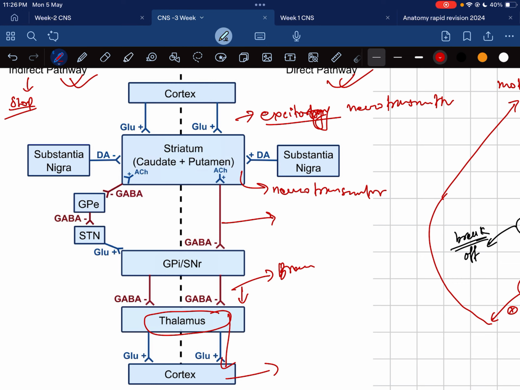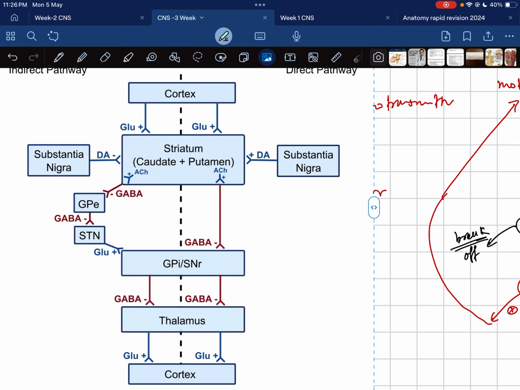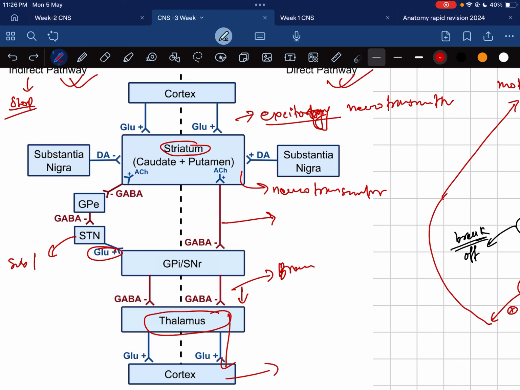This caudate and putamen, or striatum, releases acetylcholine to the globus pallidus external, and the globus pallidus external inhibits the subthalamic nucleus, and when the subthalamic nucleus is inhibited, it secretes glutamate. The glutamate goes and stimulates the internal and reticulata.